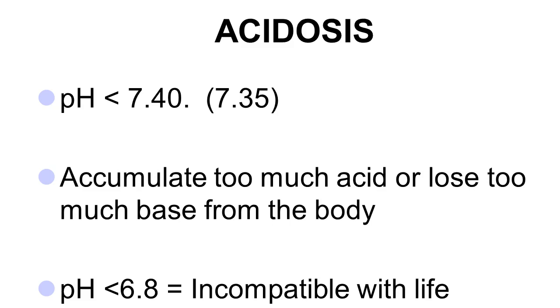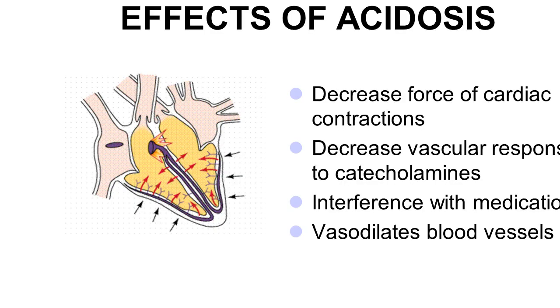The reason we get very concerned about acidosis or alkalosis is that this very much affects our patients systemically, okay? Too much acid or too much base lost from the body. When the pH starts to get really low, around 6.8, it becomes incompatible with life.